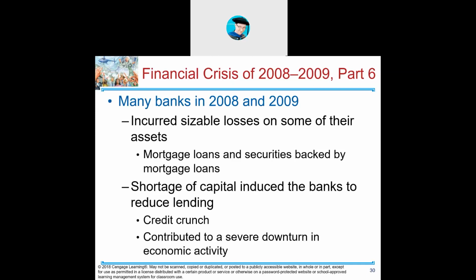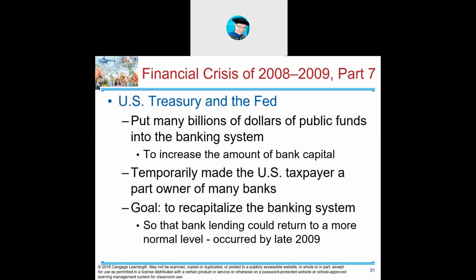And it led to, of course, banks not being able to lend any money because they didn't have any money to lend. It caused this thing called a credit crunch and a serious economic downturn that lasted for about 10 years. So yeah, that was 2008, 2009. That was terrible. It was a tough time.